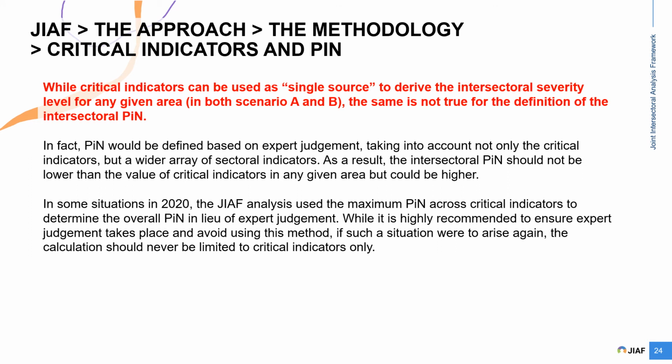In some situations in 2020, the JIAF analysis teams used the maximum PIN across critical indicators to determine the overall intersectoral PIN in lieu of expert judgment. While it is highly recommended to ensure expert judgment takes place, we would recommend that if such a situation were to arise again, the calculation should never be limited to critical indicators only. Use an array of sectoral indicators.